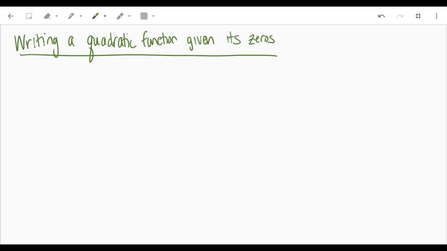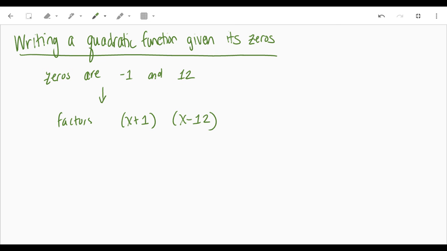Write a quadratic function whose zeros are -1 and 12. Well, you're kind of working backwards now, right? If a zero is -1, that means a factor would be x plus 1, because if x plus 1 is a factor, you get the zero of -1. And x minus 12 would also have to be a factor.